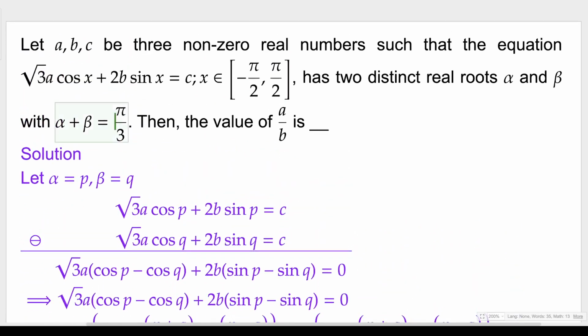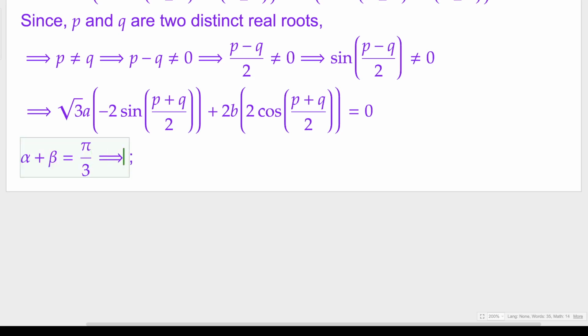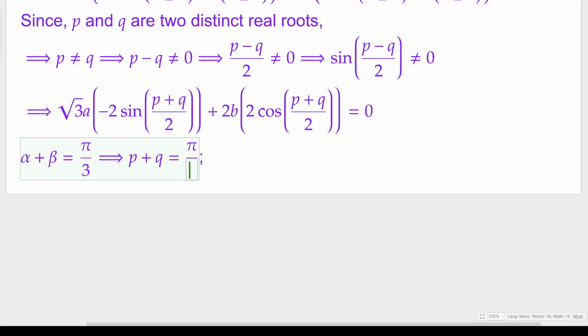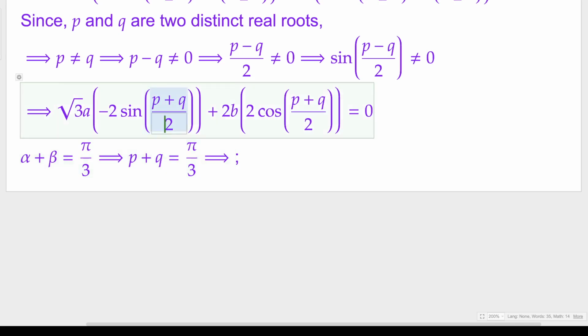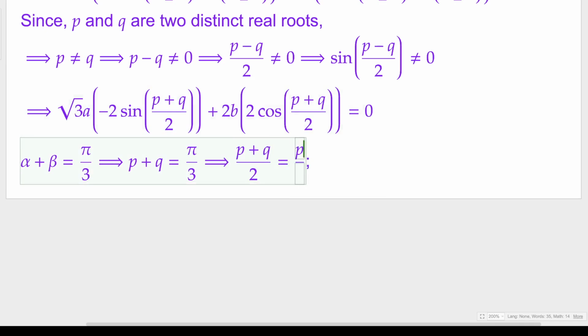This is given already: alpha plus beta is pi over 3, and instead of alpha and beta, I've taken p and q. So p plus q is pi over 3, and if I divide this by 2, I'll be getting pi over 6.